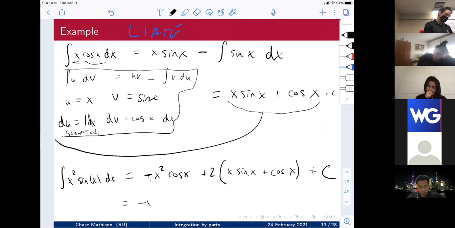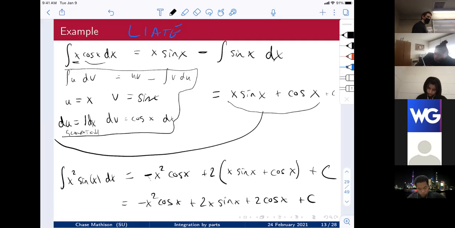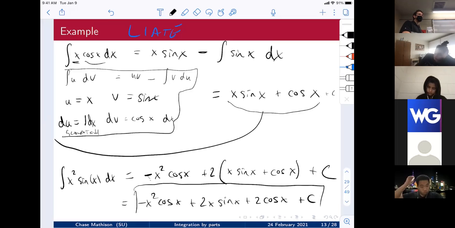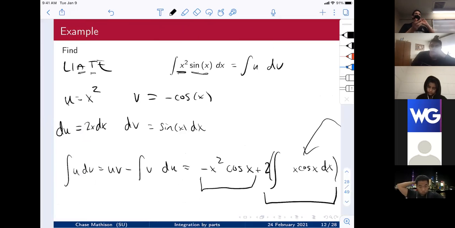And so this is a case where you had to use integration by parts 2 times to do one integral. And that comes up pretty frequently. And doing it this way, writing out u and dv every time can be annoying. But for this type of problem, where you have some power of x times a trig function or some power of x times an exponential function, there's a very quick way to do those that I'll talk about tomorrow.